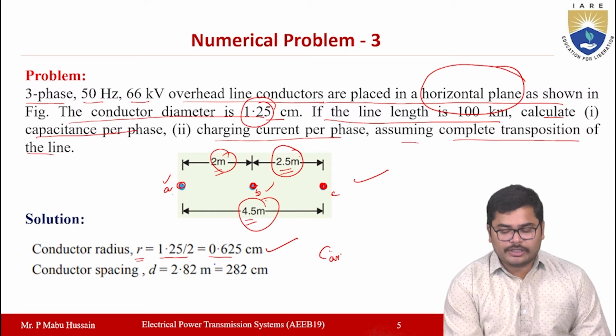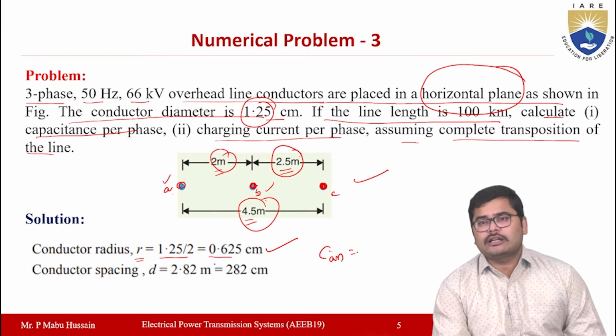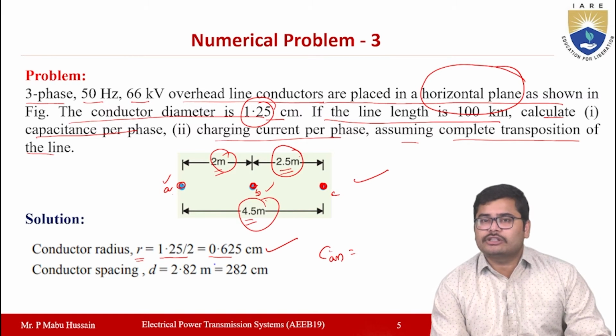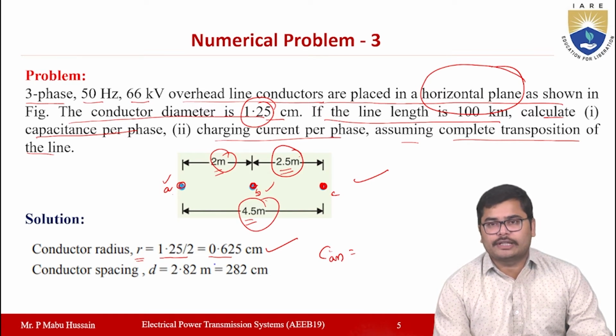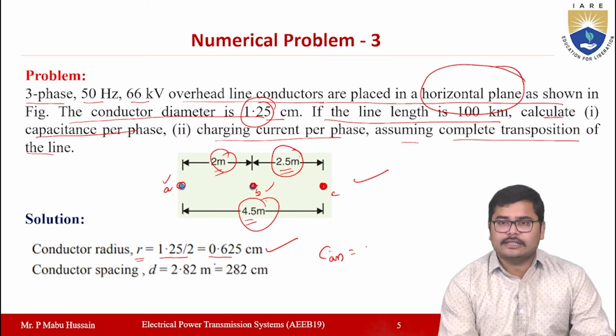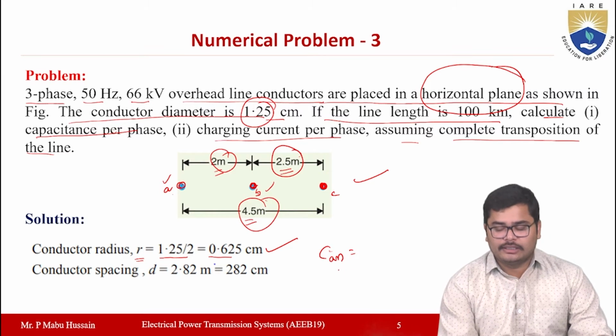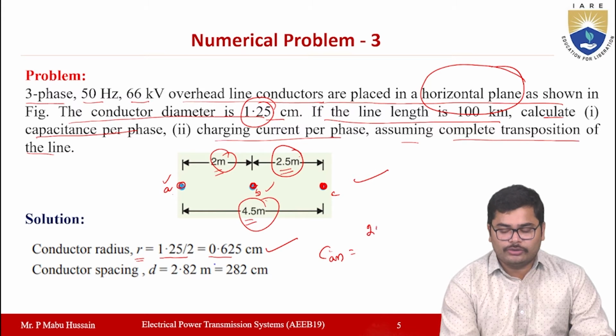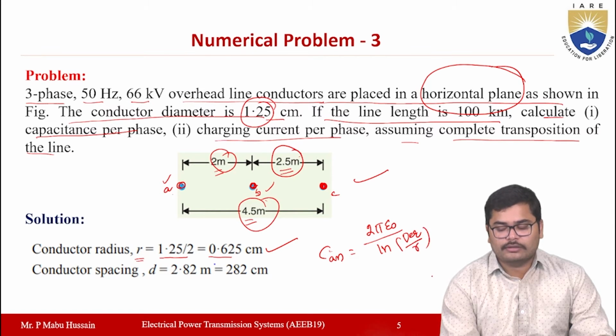You can also call this an asymmetrical configuration, because the distance between any two conductors is not the same. For an asymmetrical three-phase transmission line, the per phase capacitance C_AN is equal to 2 pi epsilon naught by ln D equivalent by R.